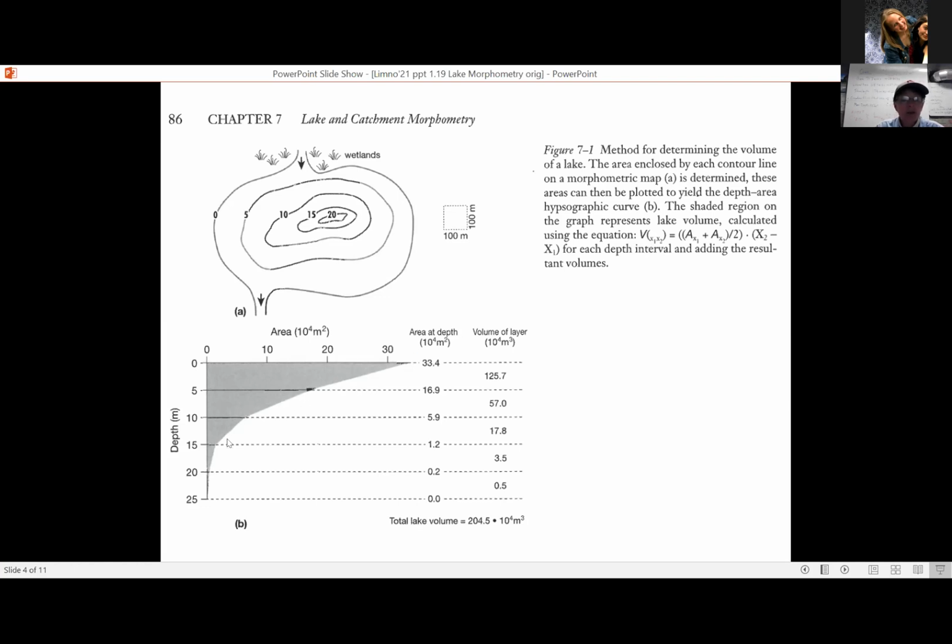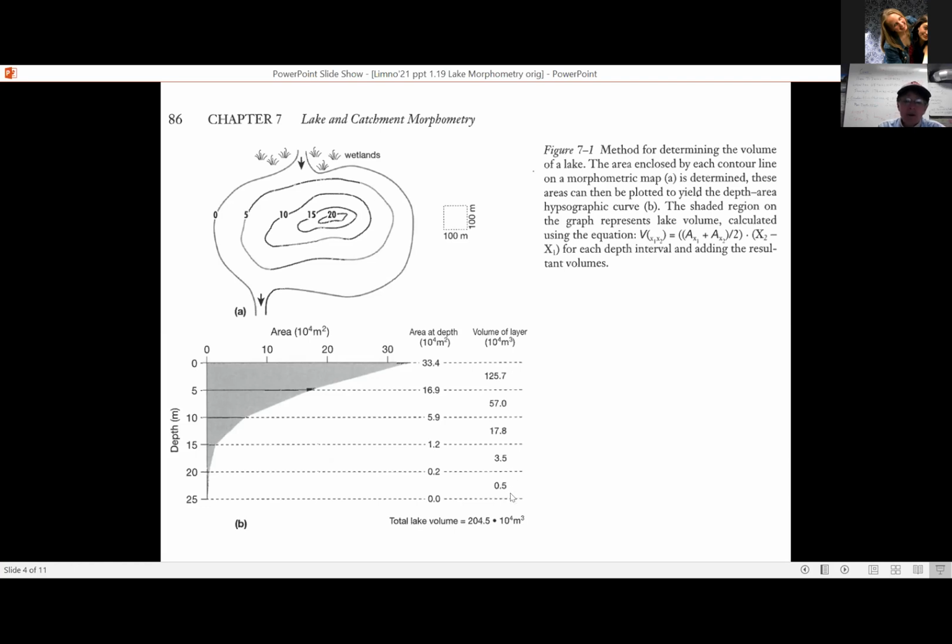And so you can get a curve showing the area of the lake at each depth. And then you can calculate the volume of each slice of the lake. Like this is 1 slice of the lake, a 5 meter thick slice near the surface. What's the volume of that? Here's that number.